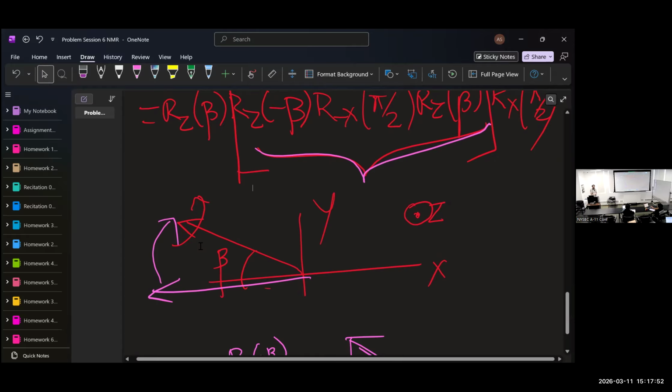That's what this is. It's an axis which makes an angle beta with minus x. And when you do a z rotation to beta, you bring it to minus x. Perform the rotation pi over 2 and then bring yourself back. That describes the 90 rotation around this axis.